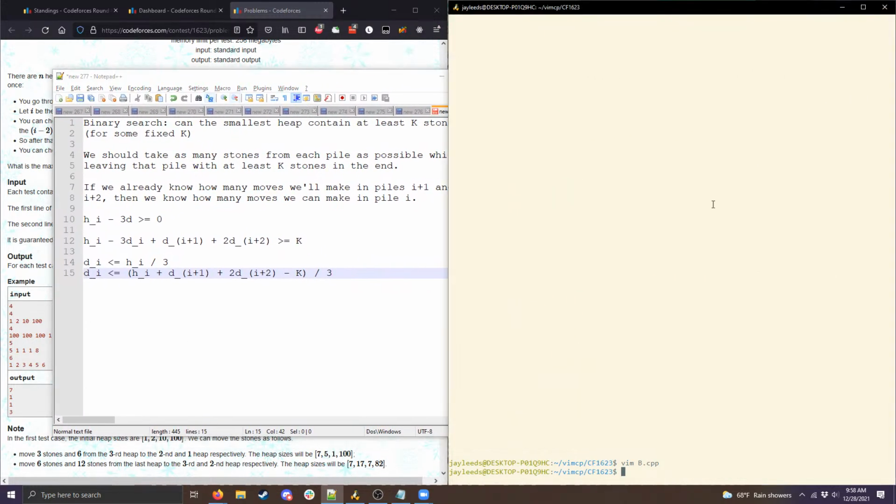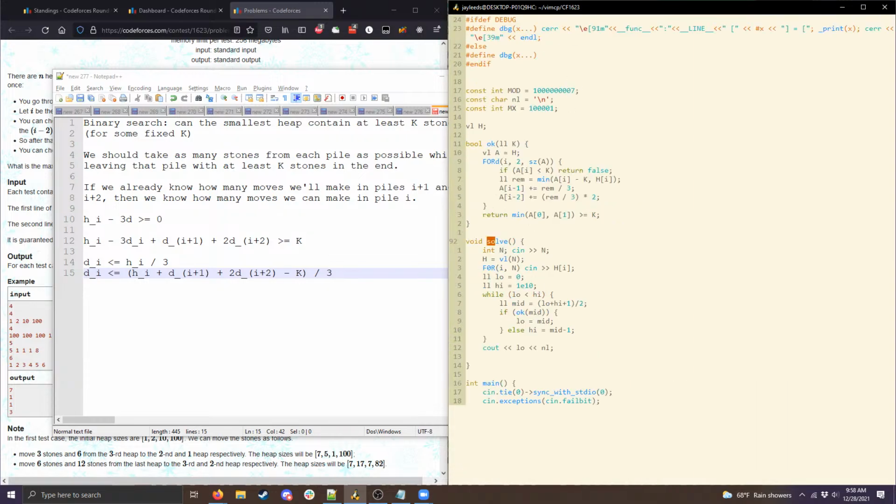Okay, so I'll show you my solution. First of all, if for any pile we already know that we can't get to k stones, then I just say no, that this configuration is not okay.